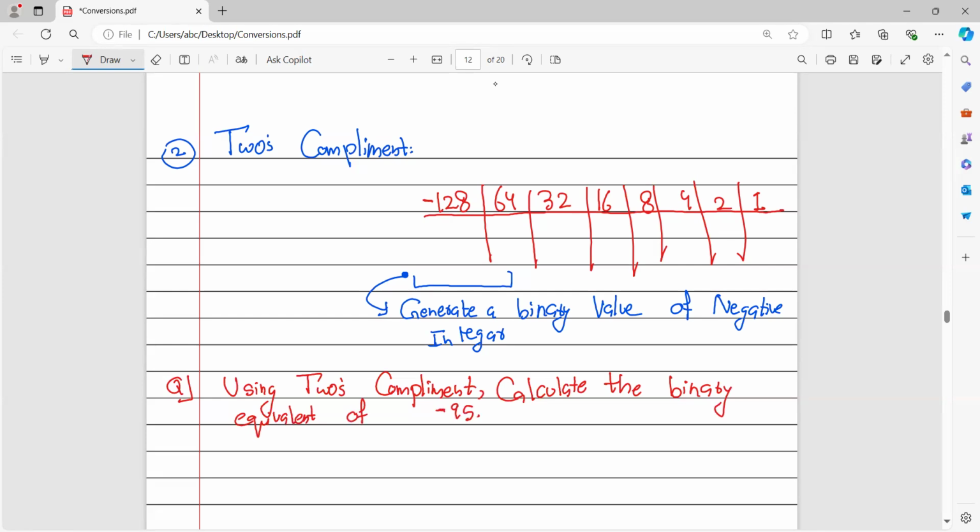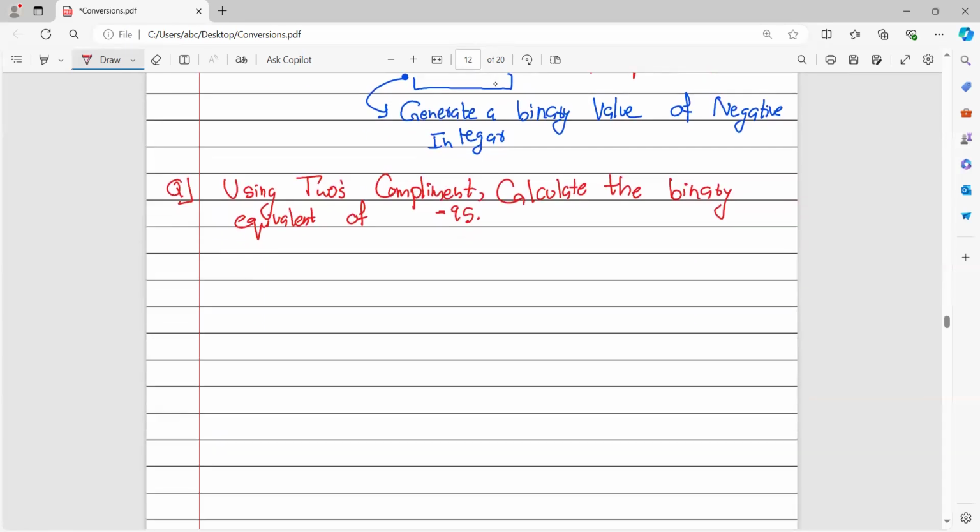If it's a question like this, that means now you have a negative term, minus 95. And what you wish to do is convert this minus 95 into a positive number. No, not a positive.